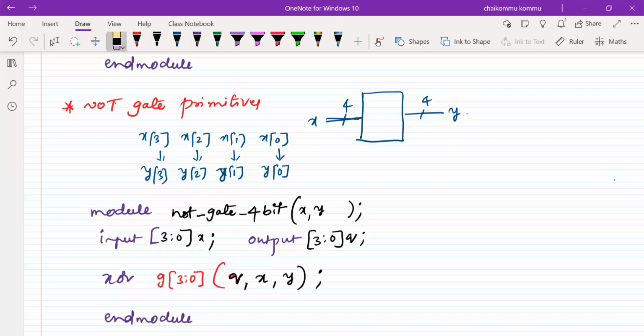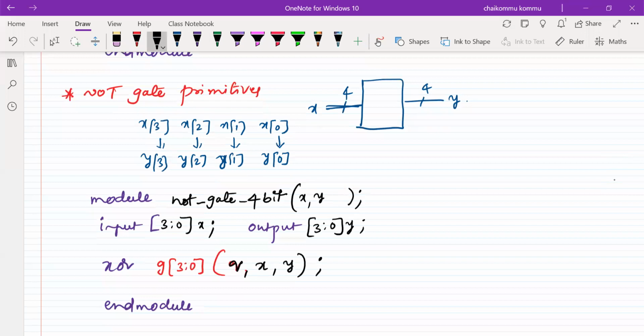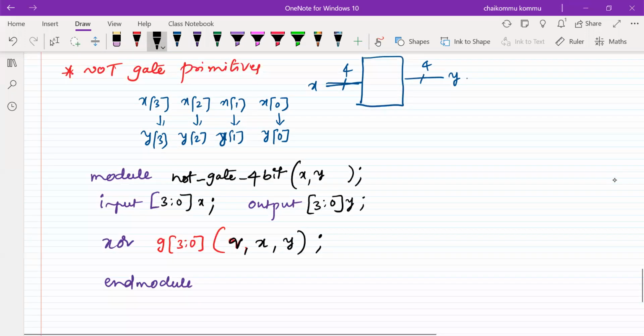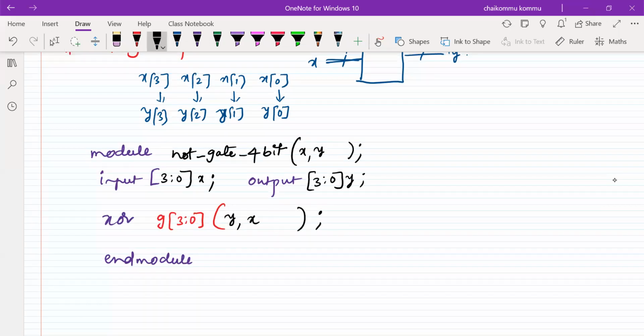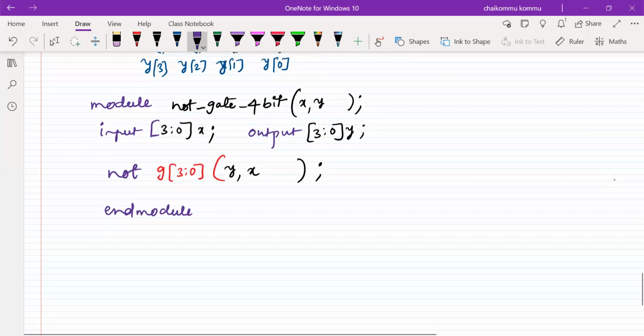So the only consideration here is y comma x, that's all. But instead of and, I have to write not gate. Is it clear? Yes, XOR is converted into NOT gate. This is how I am doing.